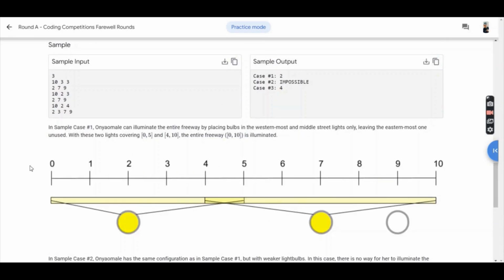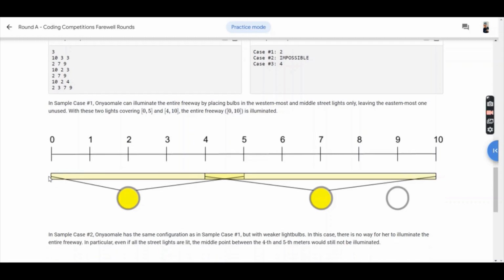In this question, basically you are given a road of length n, which starts from 0 up until n in units of 1, and you are also given q bulbs, each of the same width. In this example it is three bulbs with width three, and you need to arrange them in such a way that you require the minimum number of bulbs to light up the entire road.